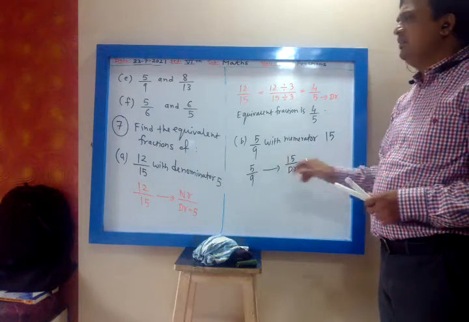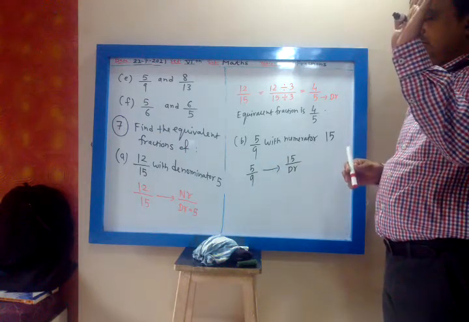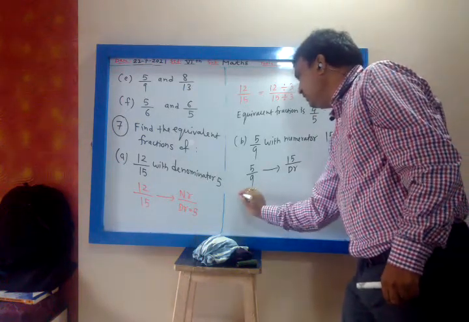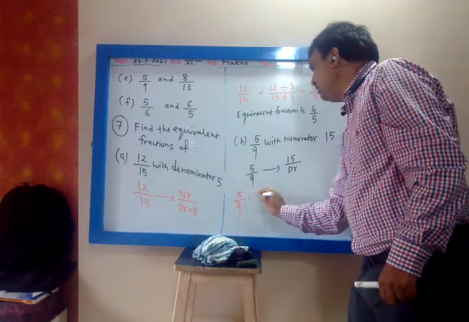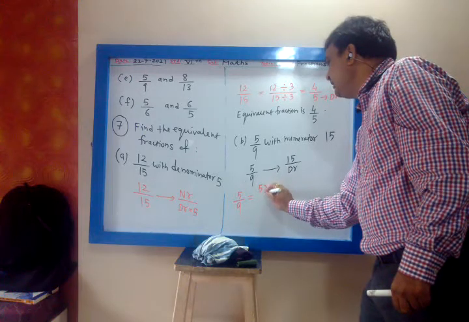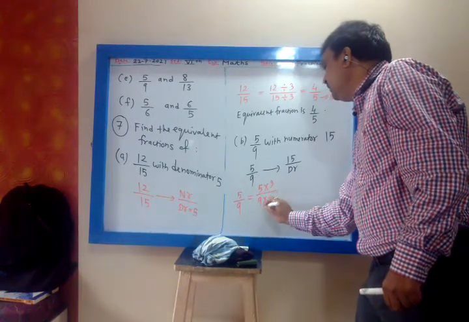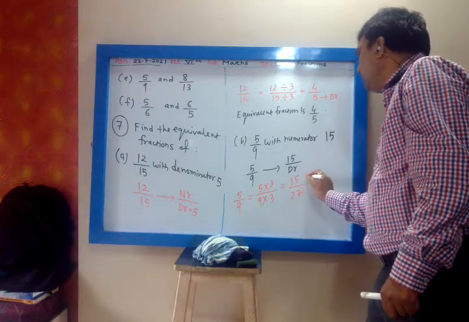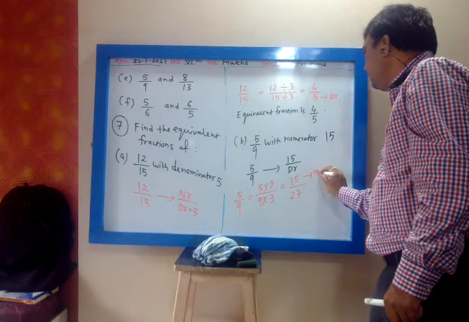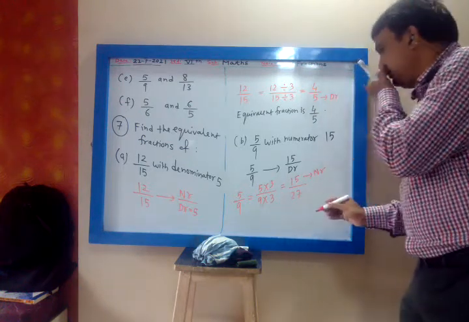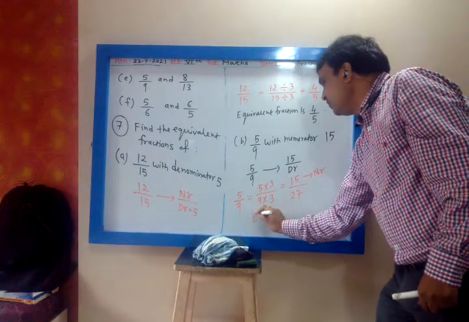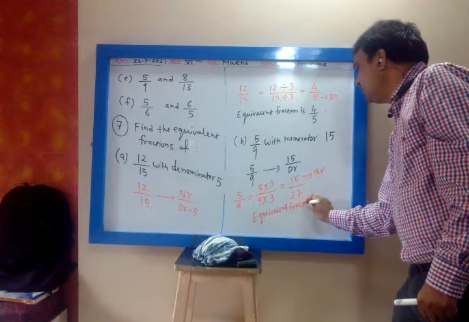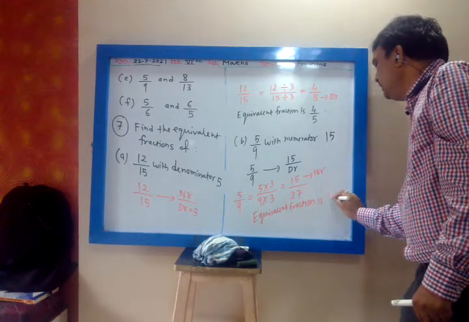When you multiply by 3. So 5 into 3, and the denominator also is multiplied by 3. 5 3s are 15, 9 3s are 27. Now the numerator is 15. So the equivalent fraction is 15 upon 27.